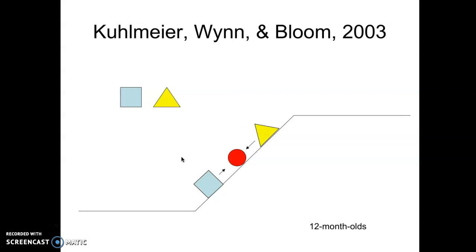And the original study had a dependent outcome of which of these other shapes would the protagonist, our little red ball, prefer? Would infants even attribute a narrative to this kind of display? And would they predict future actions of the little red ball based on the story that they just watched?